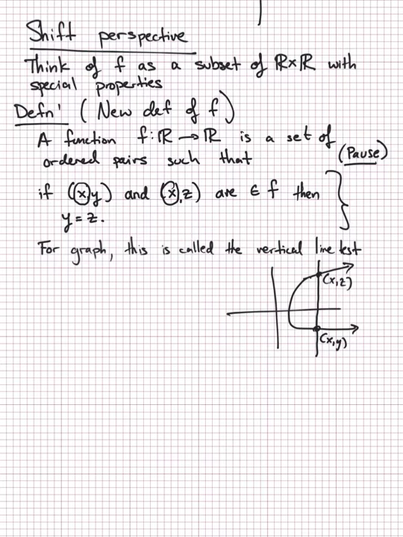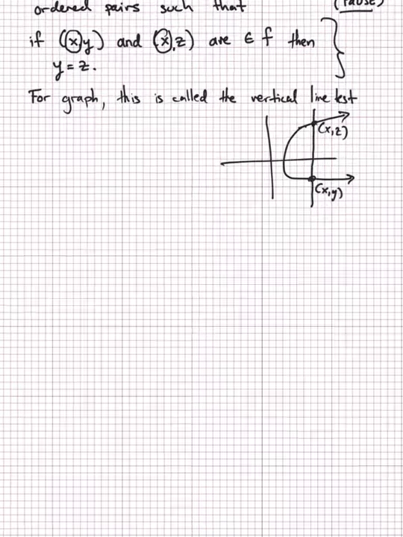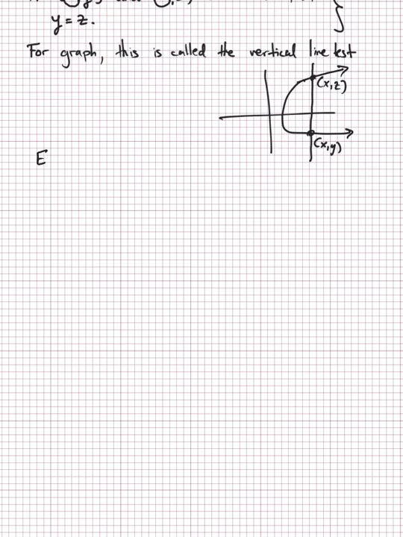Okay, so let's do some more examples. The first one, we already said: f of x is x squared. So I'll just write it again. We now think of it as the set of pairs (x, x squared), where x is in R, contained in this Cartesian product.